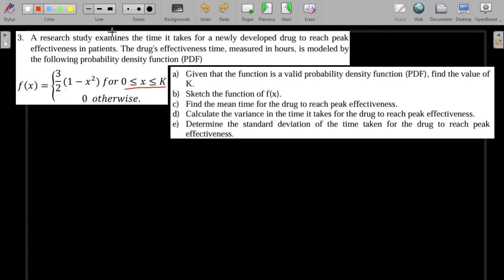Right, so let's look at the first question. They're saying given that the function is a valid probability function, or a valid PDF, find the value of k. So this is the k that we are finding there.